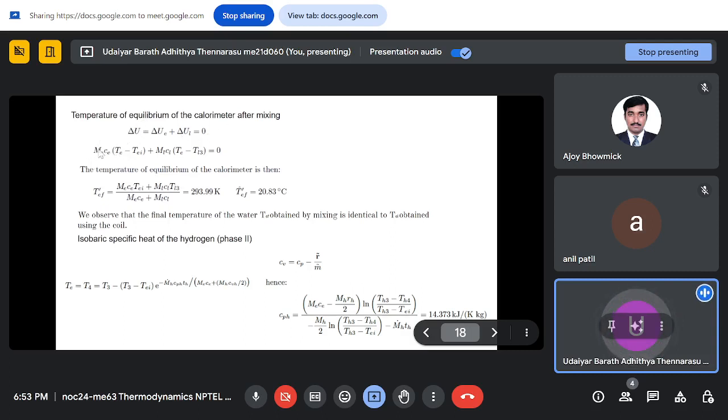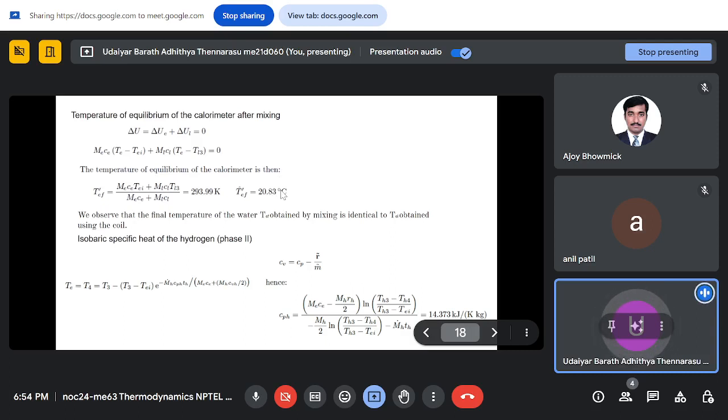So it will be equal to m_w C_w (TE minus TI) for water plus the same for oil. From this we can find the final or equilibrium temperature, just rearranging to find TE, which will come out again to be 20.83 degrees Celsius. So this is the equilibrium temperature.